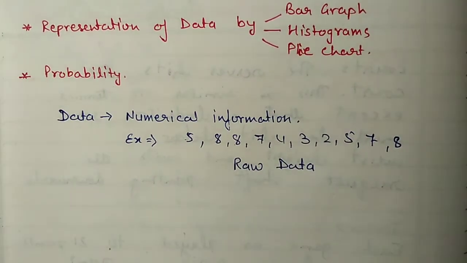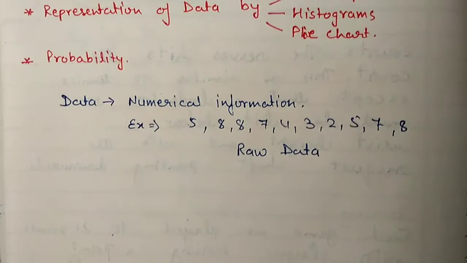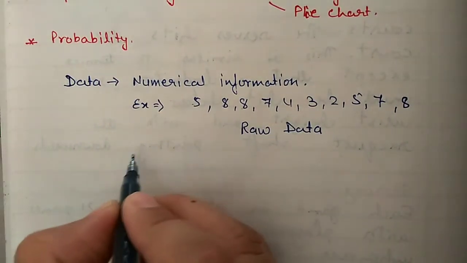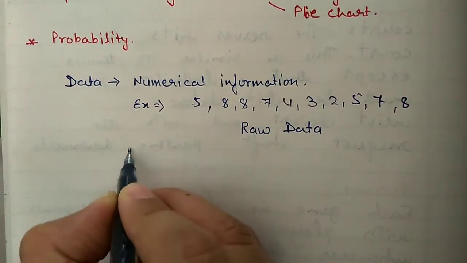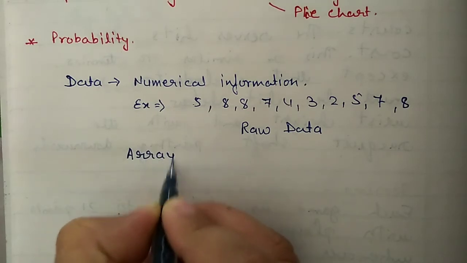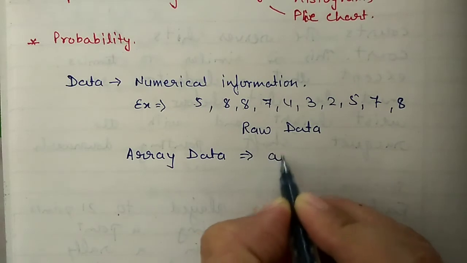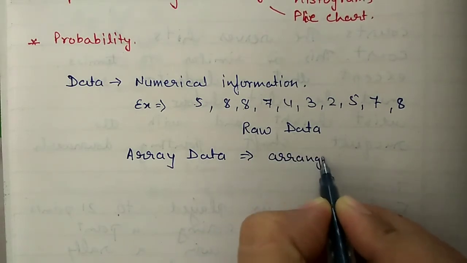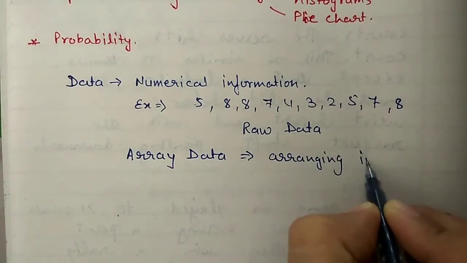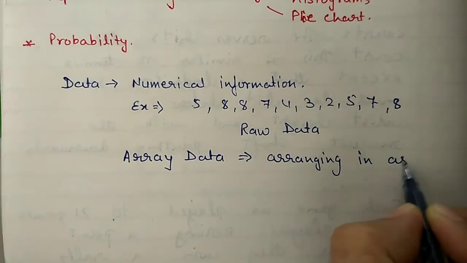After this, we can arrange the data in ascending or descending order. Arranged data is called array data.